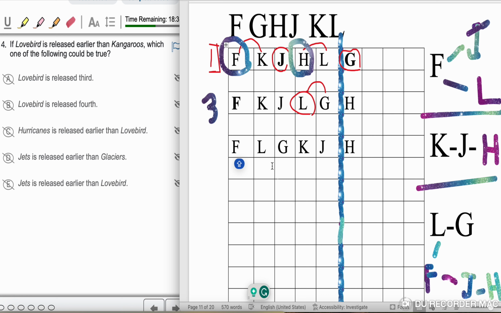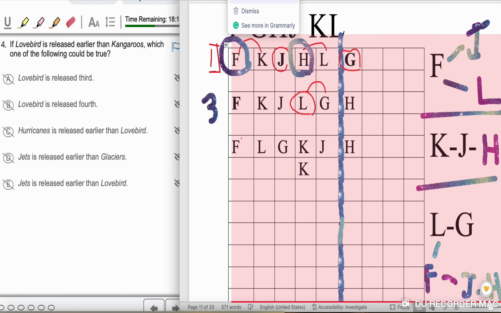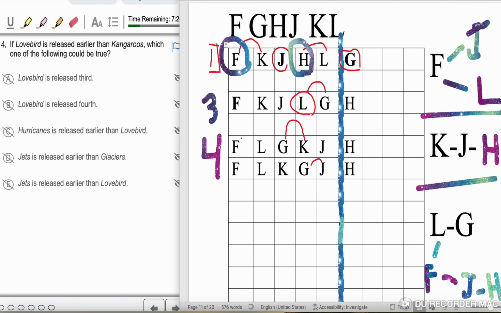where I'm going to make sure that K is here. Now I'm going to see if L has this ability to do either the coin flip or rainbow method. L before G, F before L, so I made a second world.